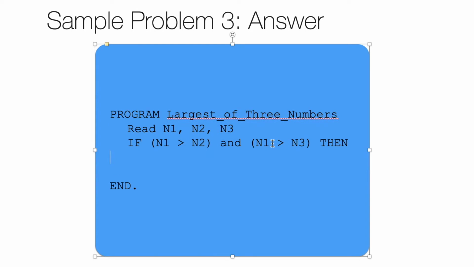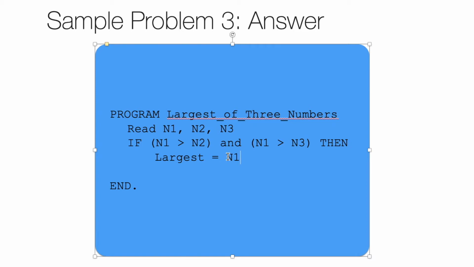If my number 1 is greater than number 2 and number 3, then largest should be number 1, right? Largest is equal to n1, because my n1 is greater than number 2 and also greater than number 3. That means my largest should be n1.